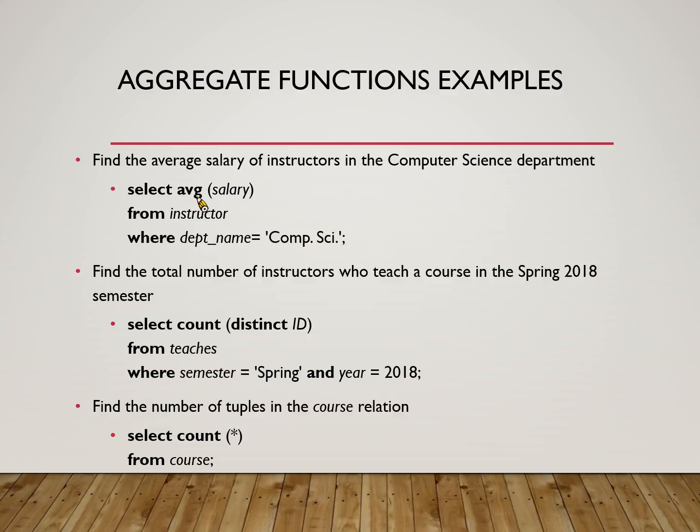And then we can directly use the aggregate function AVG and put salary in the parentheses of the function as the parameter. We can easily obtain the result of the salary average.